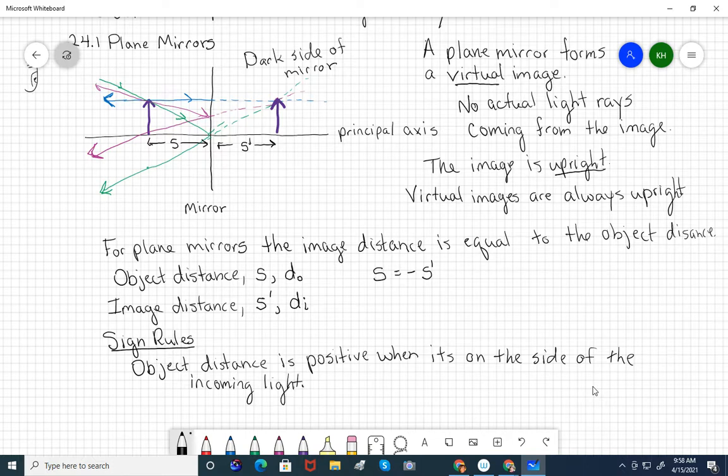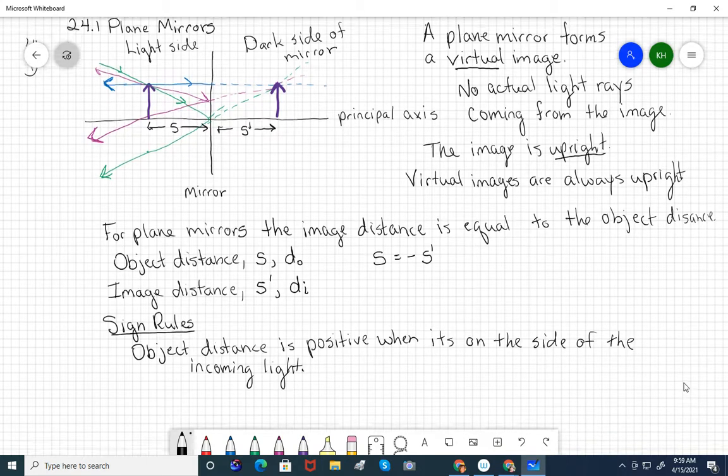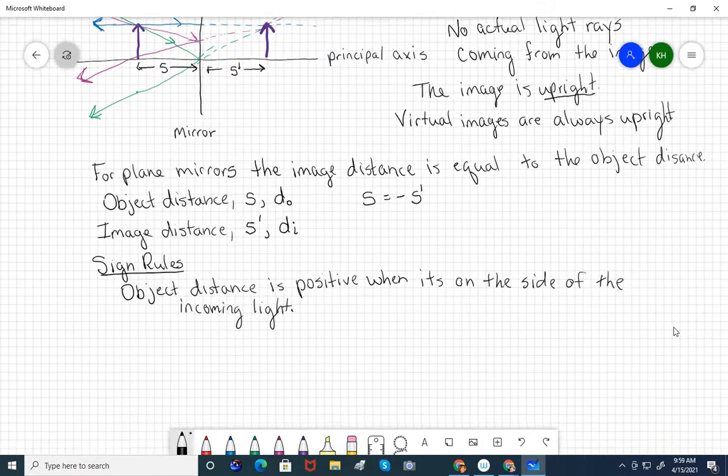You can notice in this example that I drew above, that's going to be the left side of the mirror, or what we call the light side of the mirror. As long as the object's on the light side of the mirror, obviously you wouldn't put an object behind a mirror, object distances with mirrors are always going to be positive.